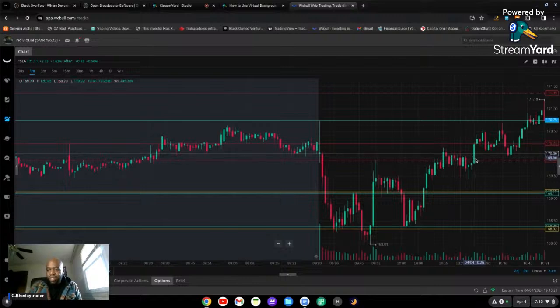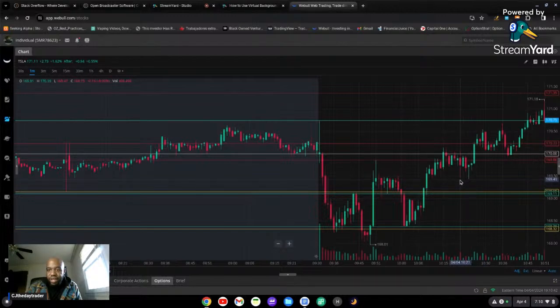So essentially 10:26, once you get that close above, or actually 10:15, that should have been your entry right there. No matter what happened afterwards, just get in and you're out.